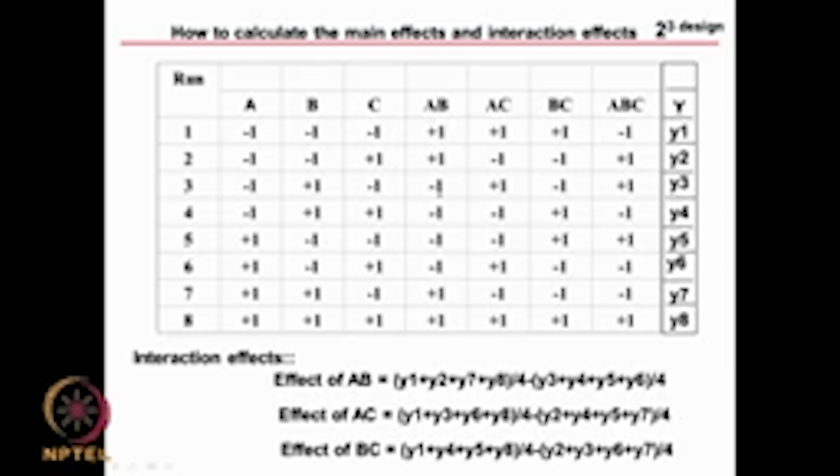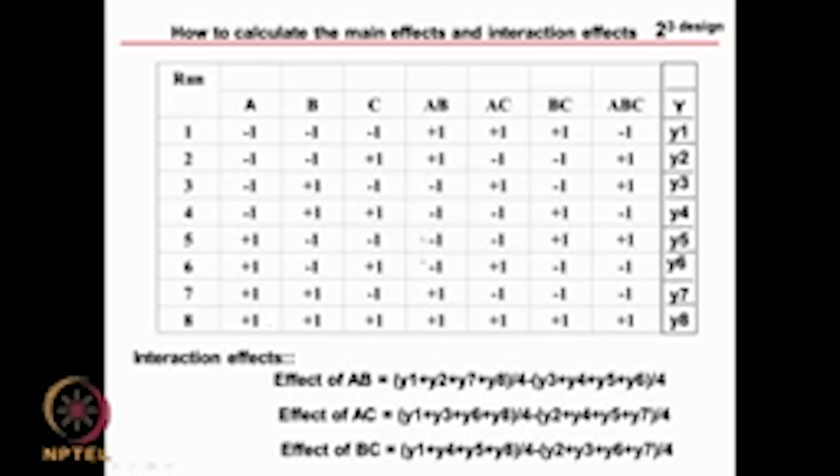You multiply the signs: minus into minus is plus, plus into minus is minus, minus into plus is minus, and plus into plus is plus. So, minus minus is plus, minus minus is plus, minus plus is minus, minus plus is minus, plus minus is minus, plus minus is minus, plus plus is plus, plus plus is plus.